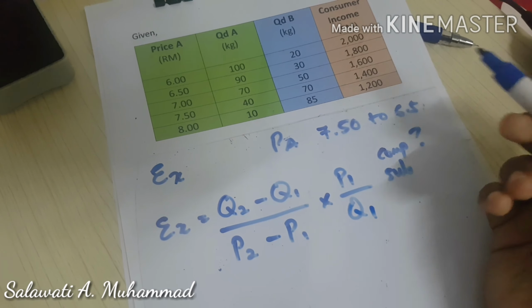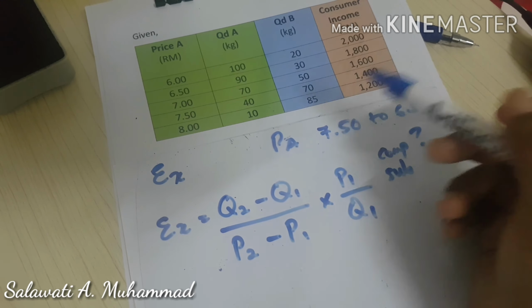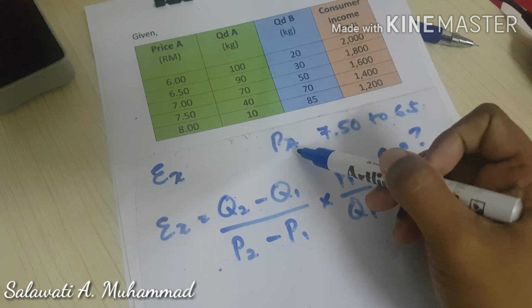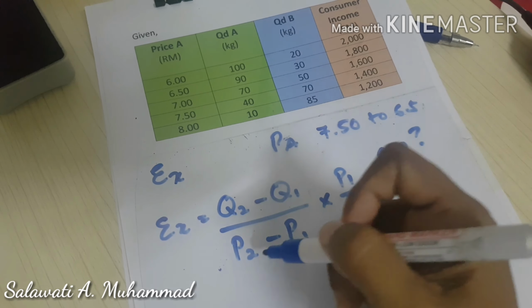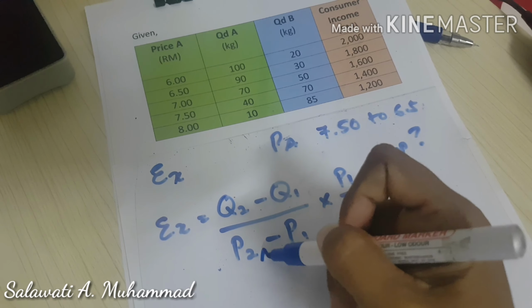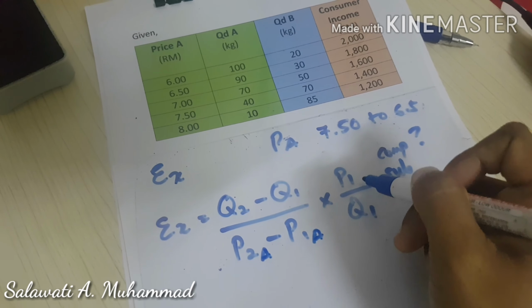Just now in the question it said the price of A decreases. So the price we put here must be the price for A.